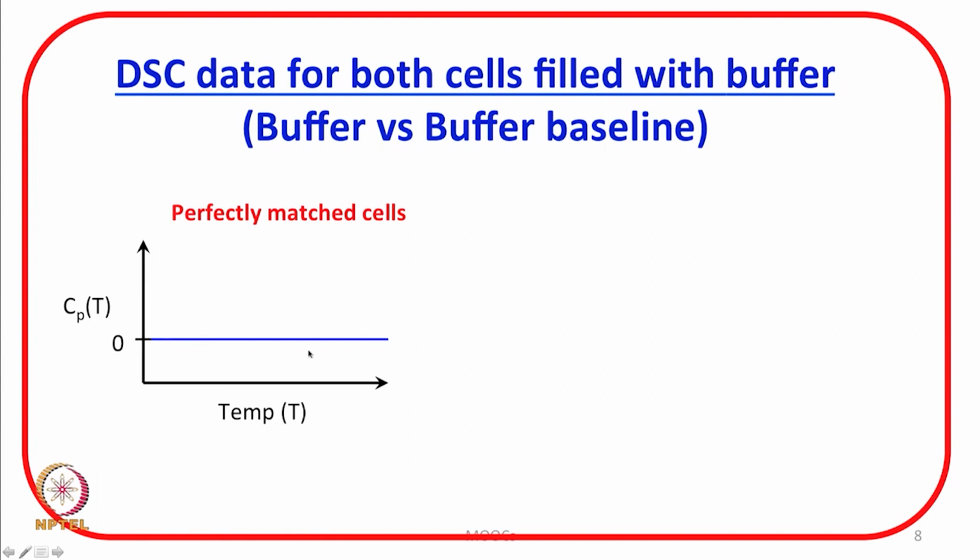When we fill buffer in the sample cell as well as in the reference cell, and when you heat, since in both the cells you have the same solution, you do not expect any phase changes, you do not expect any reactions to happen. Therefore, there will be no additional power supplied to any of the cells, and the resulting differential power will be 0 throughout.